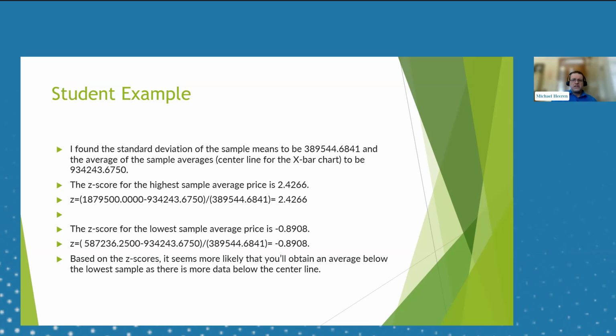And this is a nice little example here of a student's response. They found the standard deviation based off of the data provided. They found the z-scores, and then they made the observation that it's more likely to be lower in this particular instance.